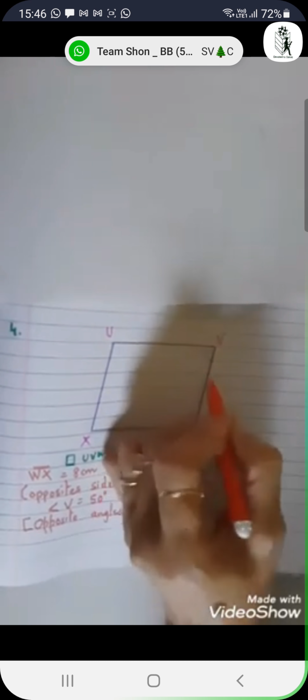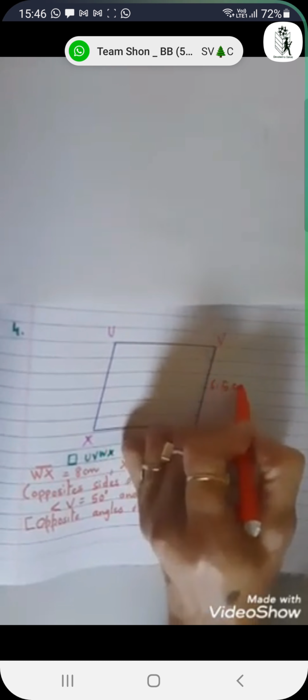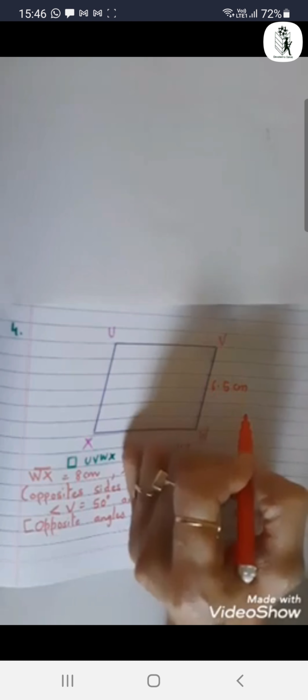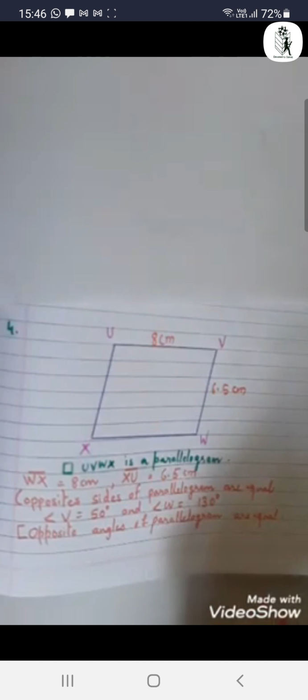Next they have asked, if UV is 8 centimeter, how much is VW? VW is also given. VW is 6.5. Let me write down here. This is 6.5 centimeter and UV is 8 centimeter. What is the length of WX, and we need to find out the length of UX or XU.